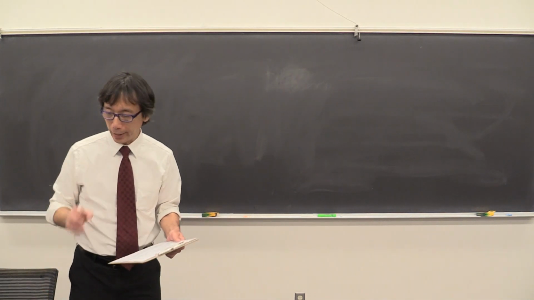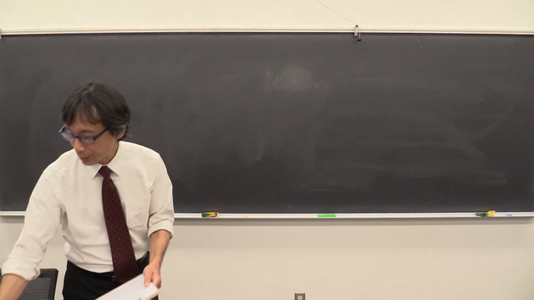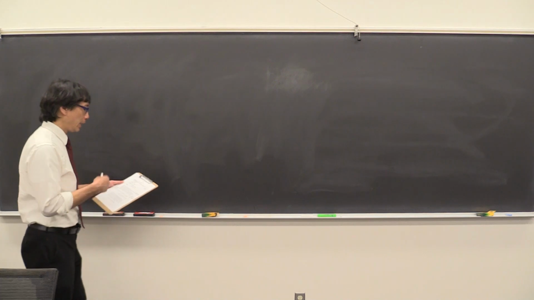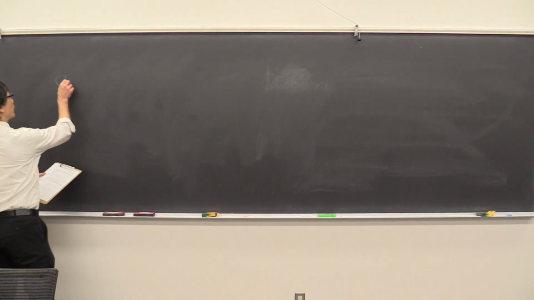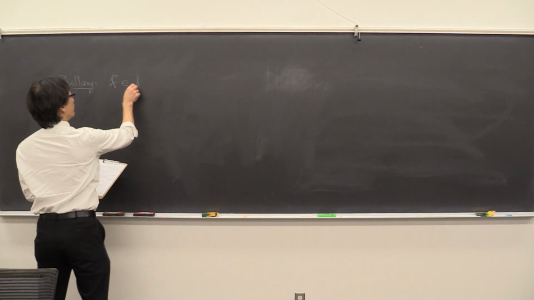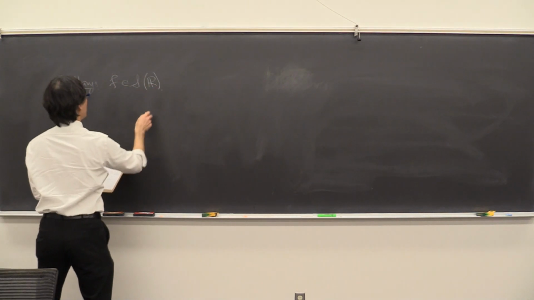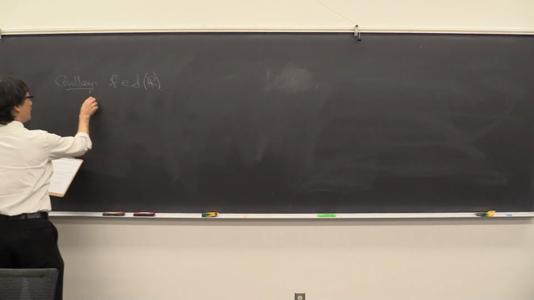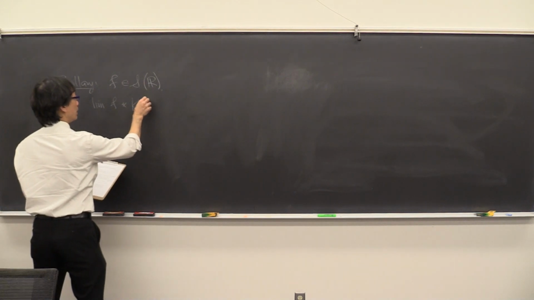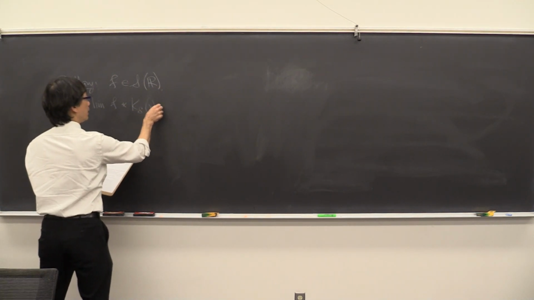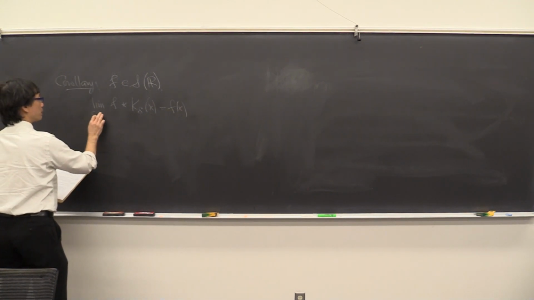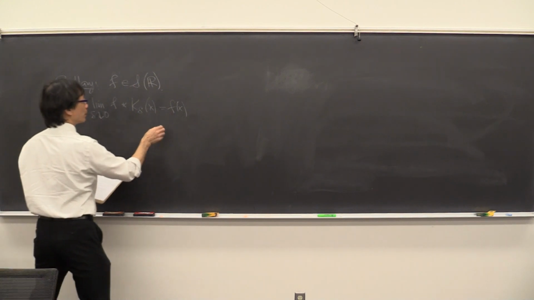We had shown that the dilated Gaussian was an approximation of the identity, and we wanted to show the following corollary: that given any function in the Schwartz class, the limit of f convolved with this approximation of the identity actually does recover the function uniformly.